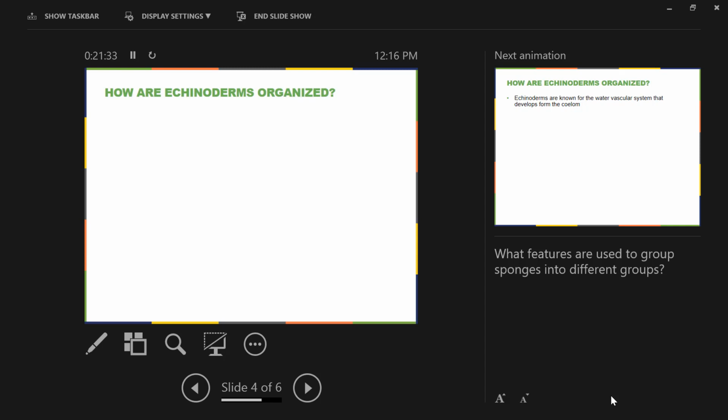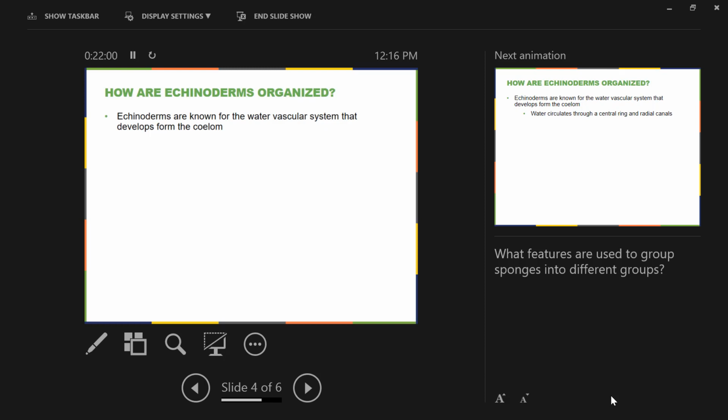Okay. So one big feature of echinoderms, other than adults having pentaradial symmetry, is a structure known as the water vascular system. Now this develops from the coelom, and what is that coelom again? It's a cavity in addition to the gut, right?